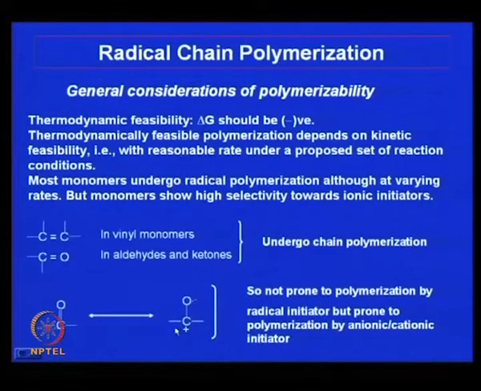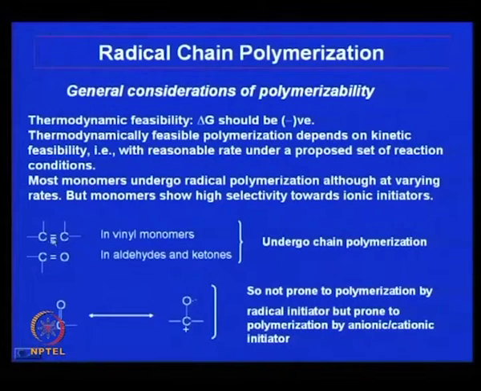That can polarize. That means the incoming agency, that may be heat, electromagnetic radiation, or a chemical species, will disturb the pi electron between this carbon and oxygen or carbon and carbon.